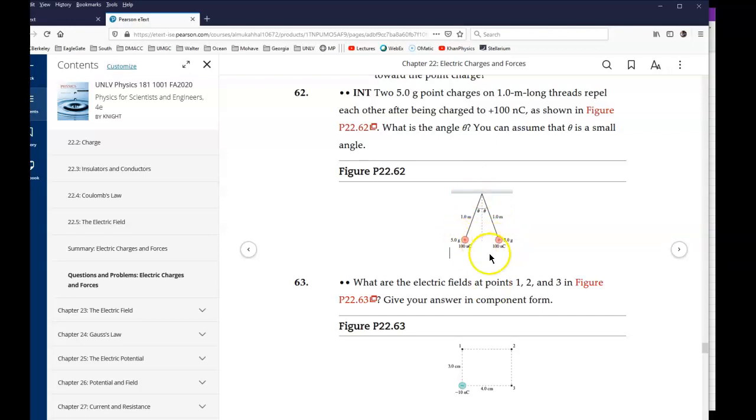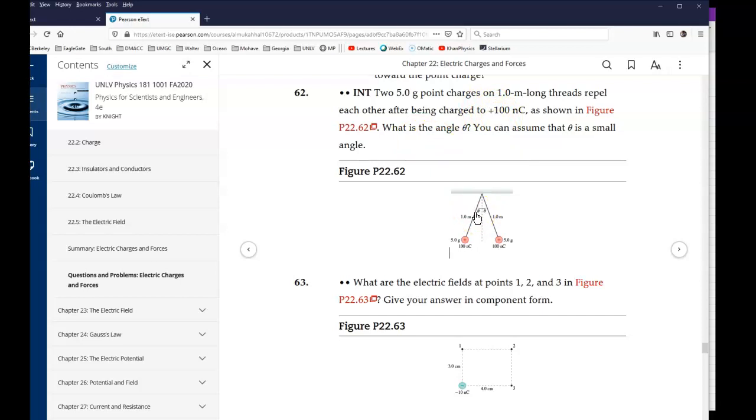Because like charges repel, they will repel each other at some distance r. It's not given to us, and the masses and the charges are given to us. It says two 5-gram point charges on 1 meter long threads repel each other after being charged to 100 nanocoulomb. All right, he's asking for the angle.